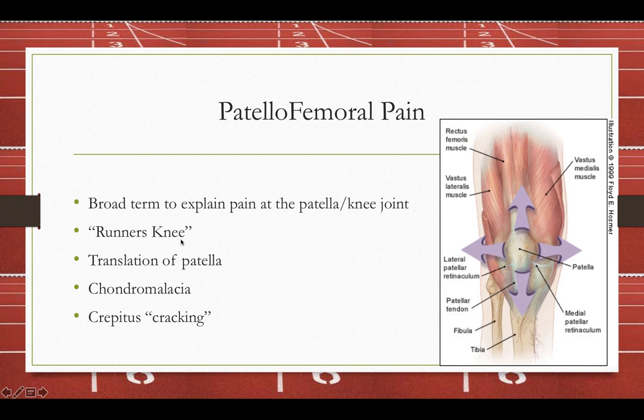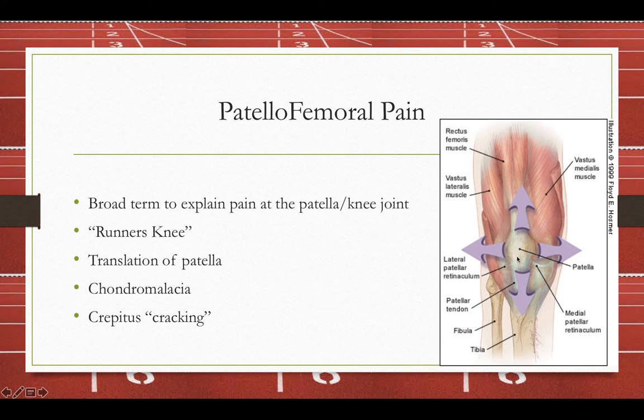So it's also commonly referred to as runner's knee or jumper's knee, and basically the pain that's being caused here is usually because of a lateral translation of the patella, or a lateral tracking or movement of the patella.